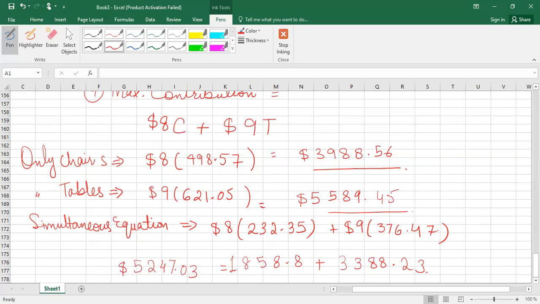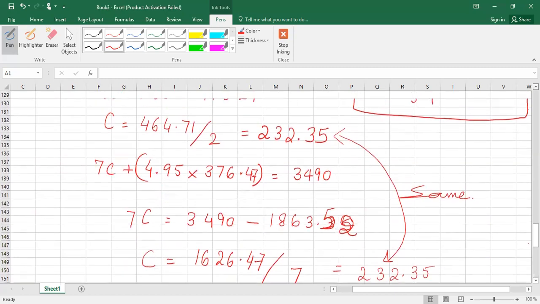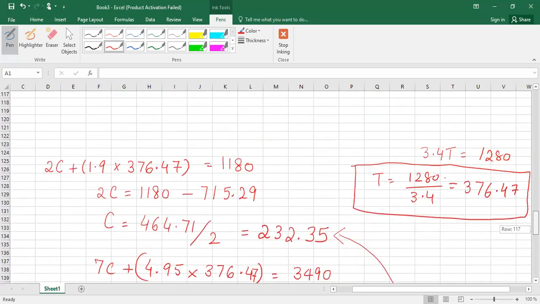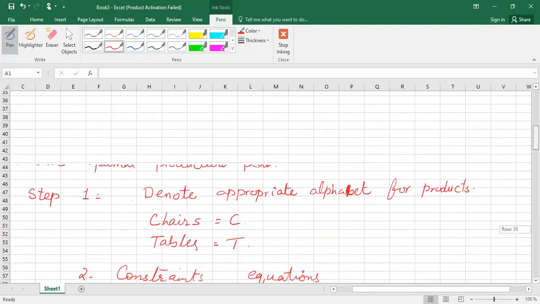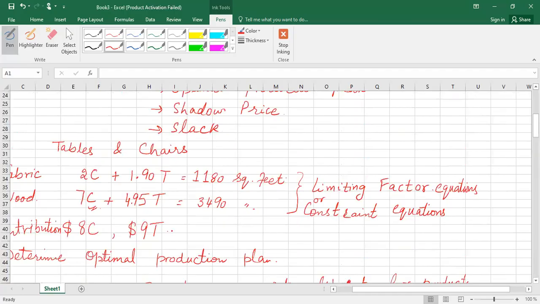Let me check the figures again, whether I put the right figures or not. This one is the chairs value, and this one is 376.47. Initially we determined the maximum contribution 8C plus 9T.